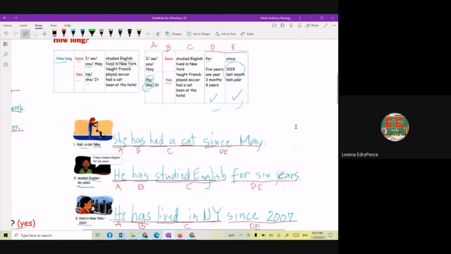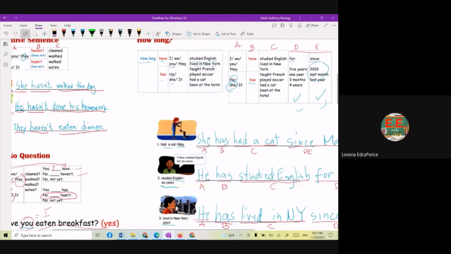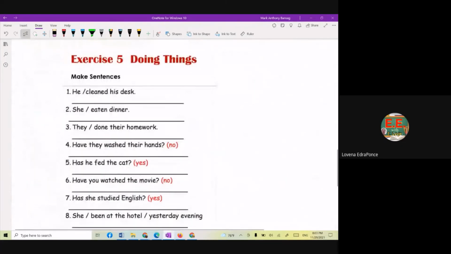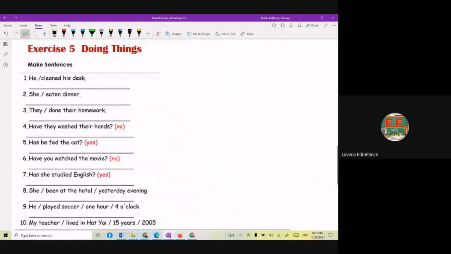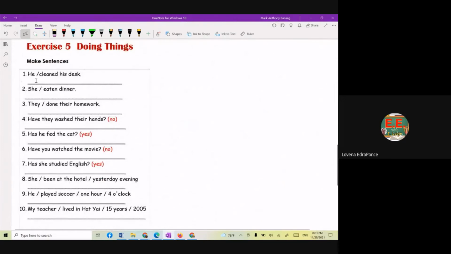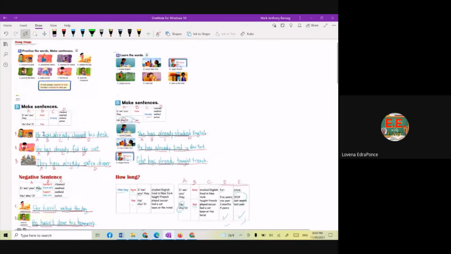Okay, so now go to your exercises. Okay, so for your exercise, make sentences. So this one is he. So what are you going to use? He has cleaned his desk. She has eaten dinner. Okay, so look at this. Go back here. He has already.